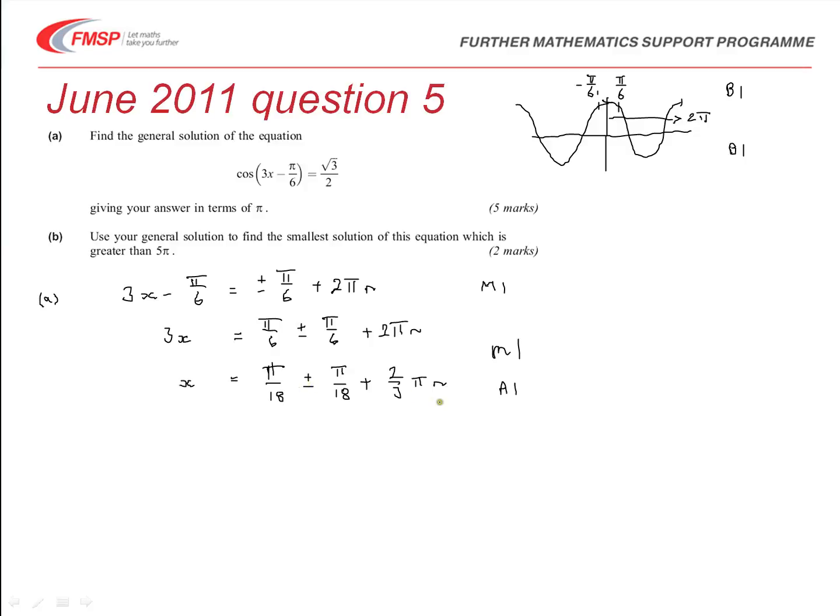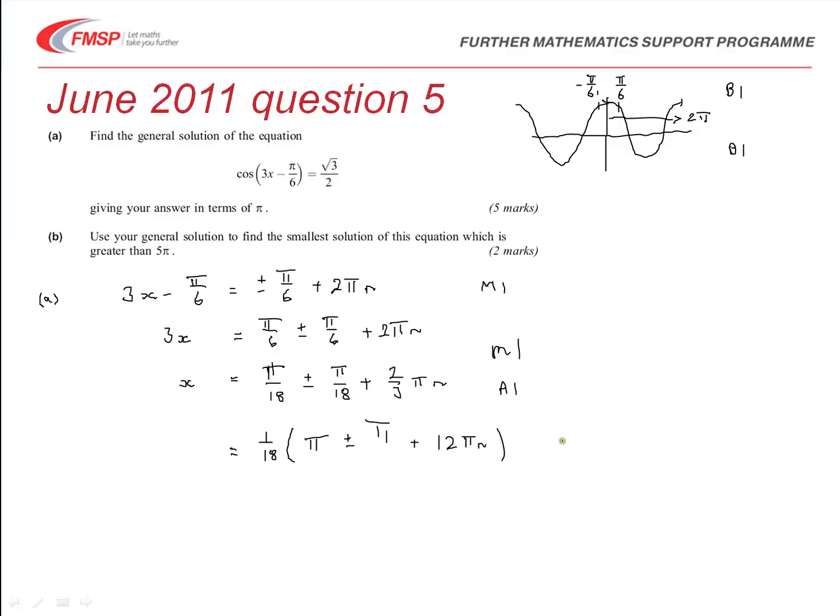Well, it's probably helpful to rewrite this general solution as some sort of overall fraction of 18 to help you find this. So if we take the 18th out as a factor, we've got pi plus or minus pi, and then the 2/3 will end up being 12 pi n, and we want the smallest solution for which that's greater than 5 pi.